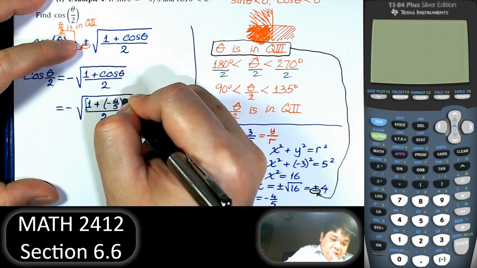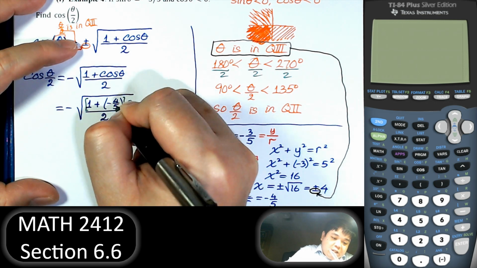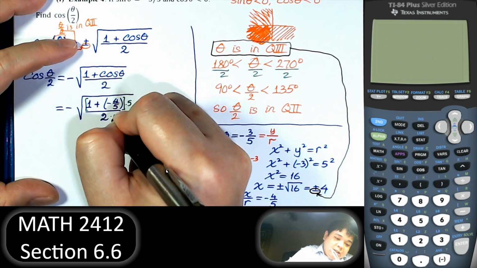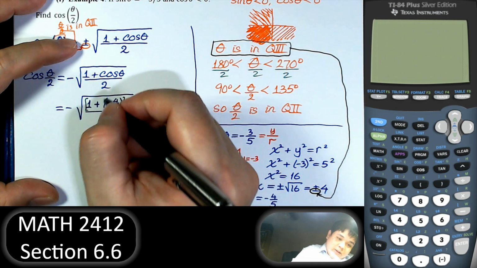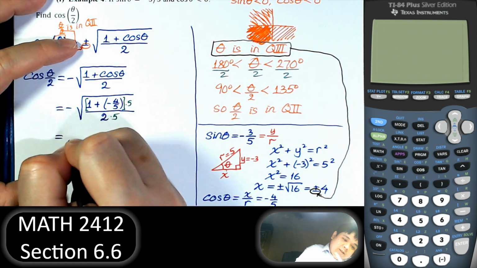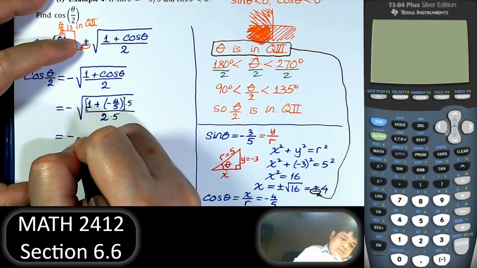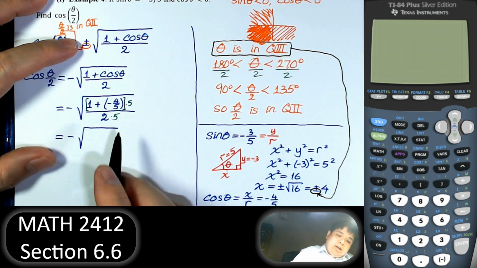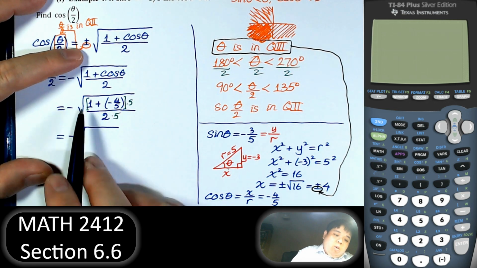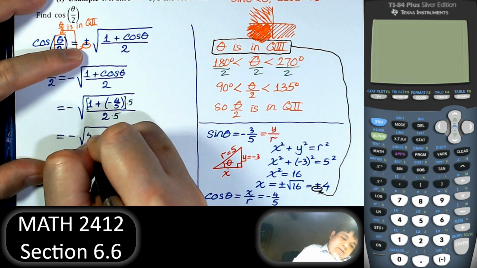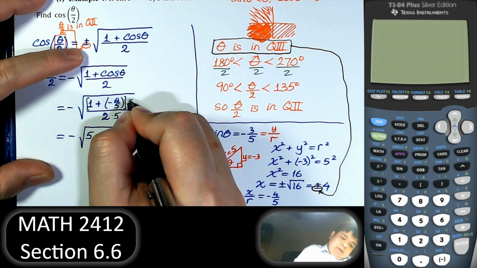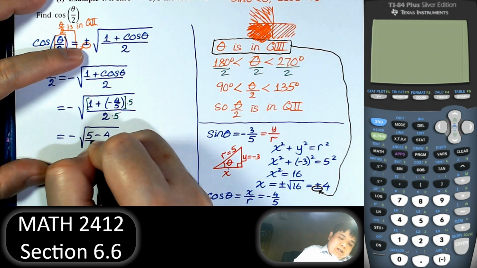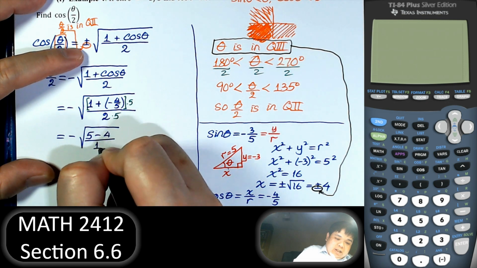I'll multiply everything top and bottom by 5 just to get rid of this 5. So 5 times 1 is 5, subtract 4, and 5 times 2 is 10.